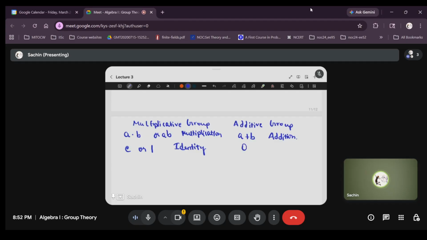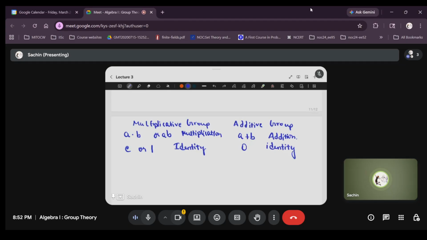Similarly, 0 is the notation for the zero element, which is the identity. This doesn't mean the number 0. Even if it is not 0, you can still call it the 0 of the group. So there's some slight abuse of notation, you could say. If possible, we'll simply stick to E for the identity in either case.